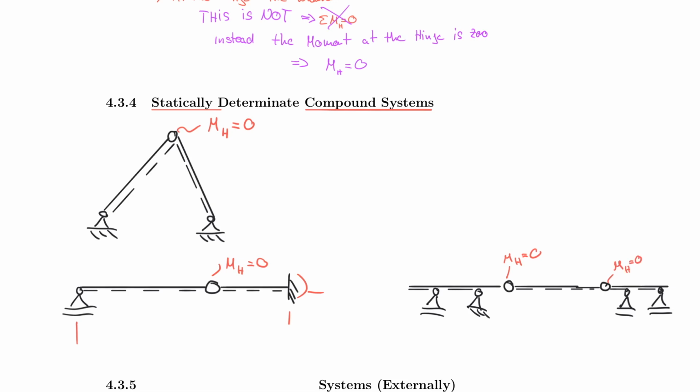So what you can do, conceptually speaking, is you can take the sum of the moments about this point and you can, for example, release this system here and find 1, 2 support reactions. That would give you one equation with two unknowns. And let's call that equation 1.